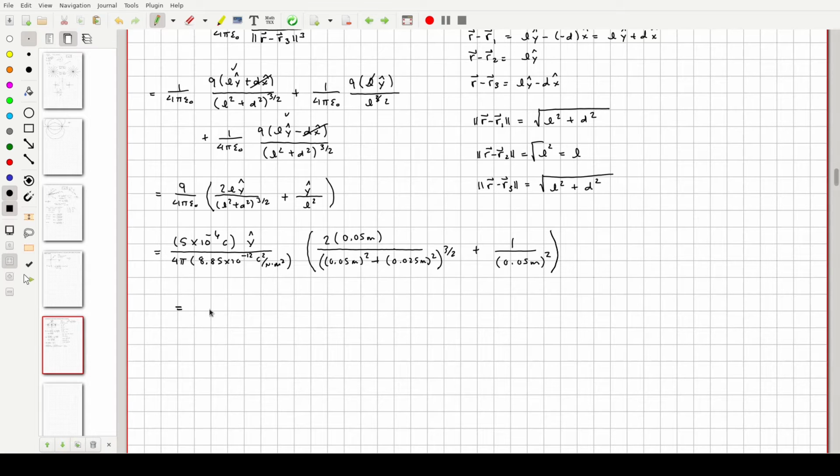So let's plug this in, see what you get in your calculator. 5 times 10 to the minus 6, divided by 4 times pi times 8.85 times 10 to the minus 12th.